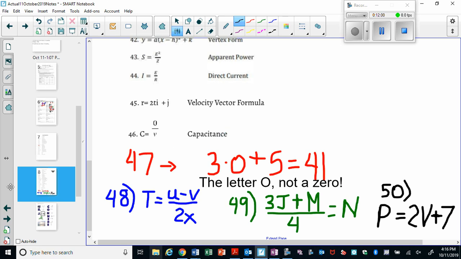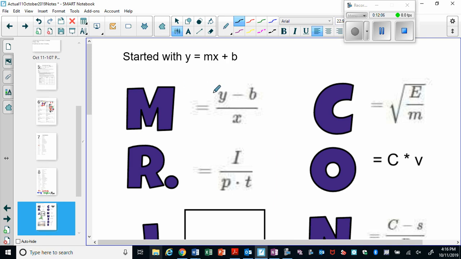And then I have an example of my name. So for this example, to get the M, I started with y equals mx plus b. And this was from the original example. That is why I'm not going over this one a second time, because we've already seen this.